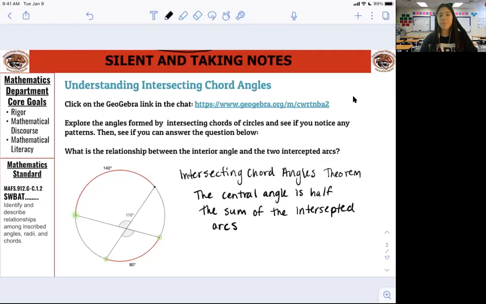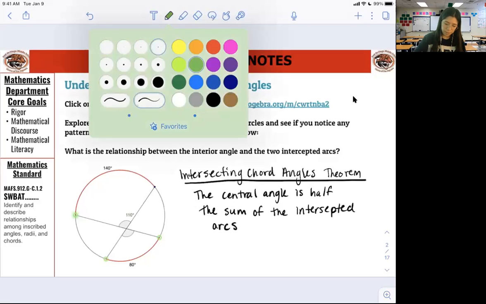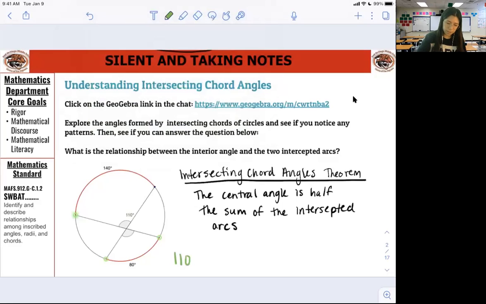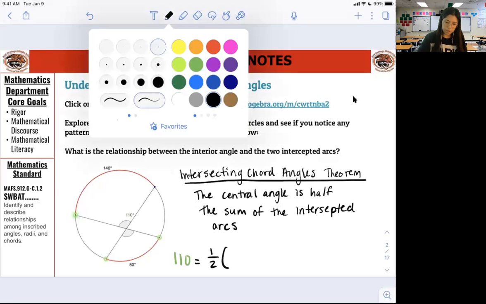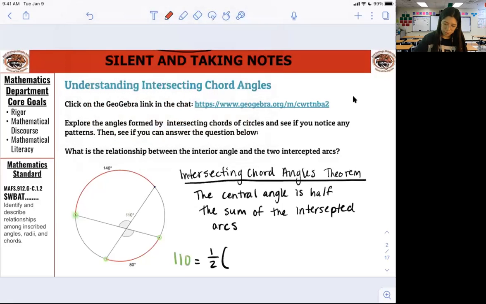Okay, the central angle is half the sum of the intersected arcs. So in my example over here, 110, the central angle, is equal to 1/2 times 140 plus 80.